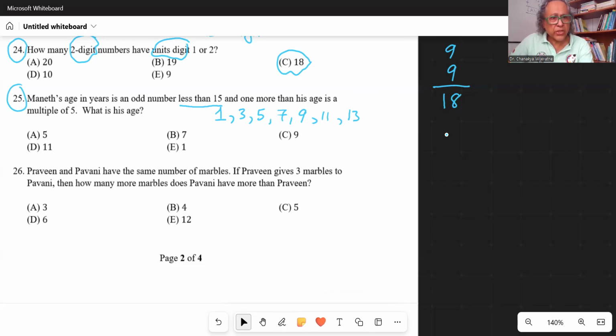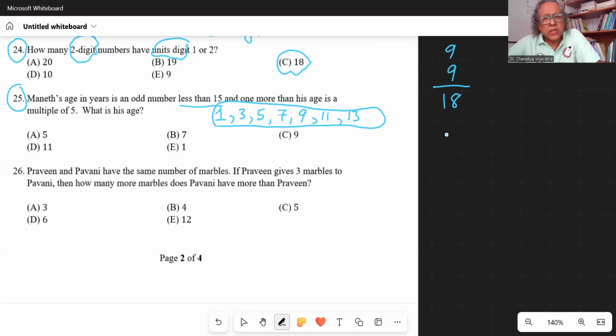And 1 more than his age is a multiple of 5. Now we are given the choices: 5, 7, 9, 11, 13. All those numbers are in here, so we just need to check each of these choices and see whether adding 1 gives a multiple of 5.